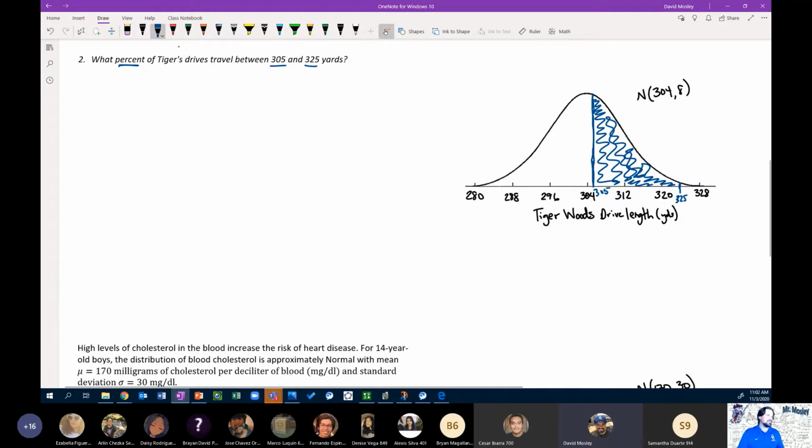So the first step is to standardize our values again. So the z-score for the 305 yards is 305 minus 304 divided by 8. It's going to be 1/8, which is 0.0125.